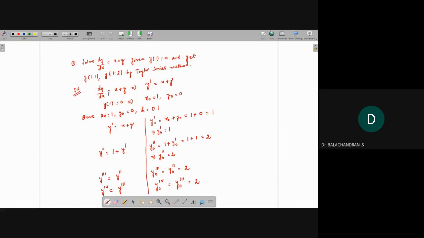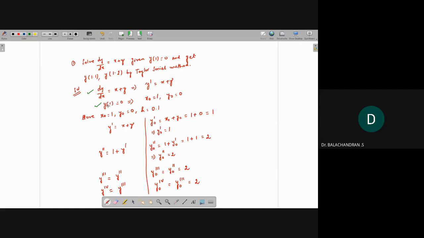What is given in the question? dy by dx is equal to x plus y, so you can write dy by dx is equal to y dash, so y dash equal to x plus y. And the initial condition is given, that is y of 1 equal to 0. This implies x naught equal to 1 and y naught equal to 0.